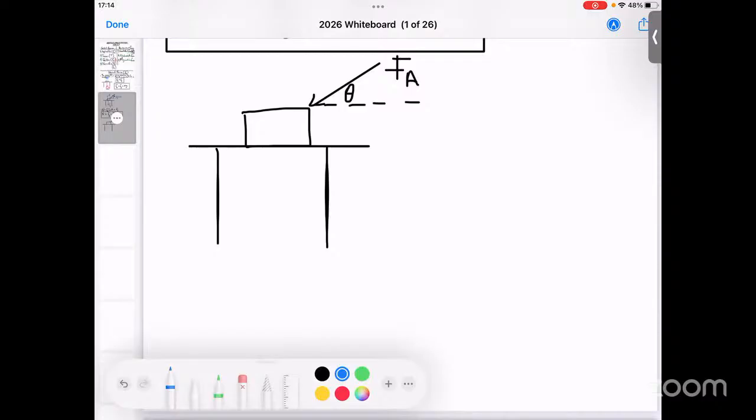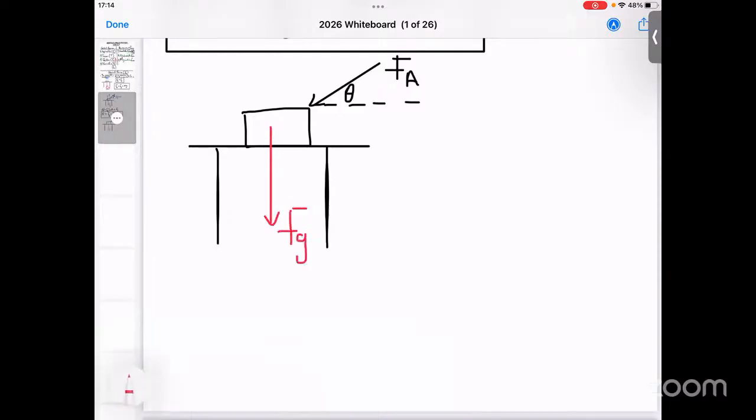So in this case, we will have this force that will always be the force of gravity. And then because this object is on a surface, the surface will also apply that 90-degree force, being the normal force.